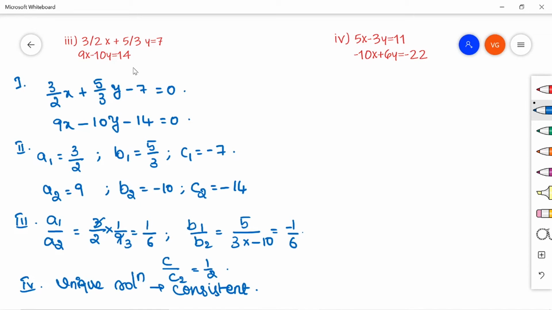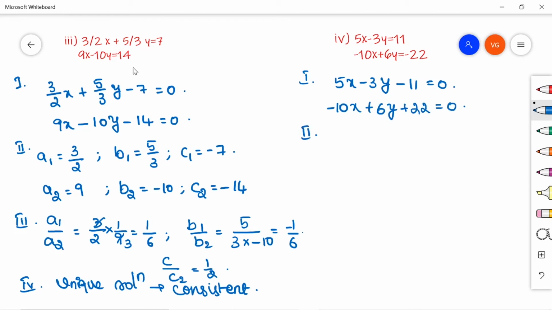The given set is 5x minus 3y is equal to 11, minus 10x plus 6y is equal to minus 22. Now, you need to write them according to the standard form. So, 5x minus 3y minus 11 is equal to 0. Minus 10x plus 6y minus 22 comes this side, plus 22 is equal to 0.